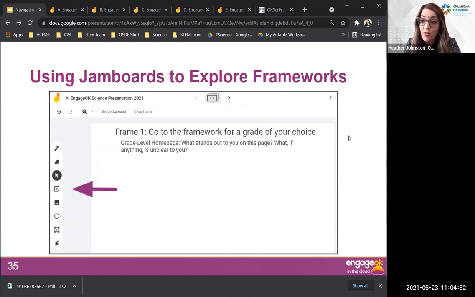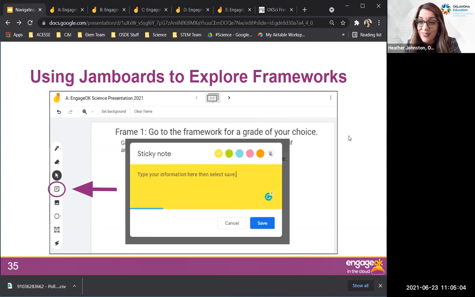We're going to focus on the toolbar. That's really what you're going to be using today. And in this toolbar, the main tool that you will use is this particular one, which is the sticky notes. I love sticky notes. It's my favorite thing to use in person. And so Jamboard being able to use sticky notes is a nice way to make this virtual.